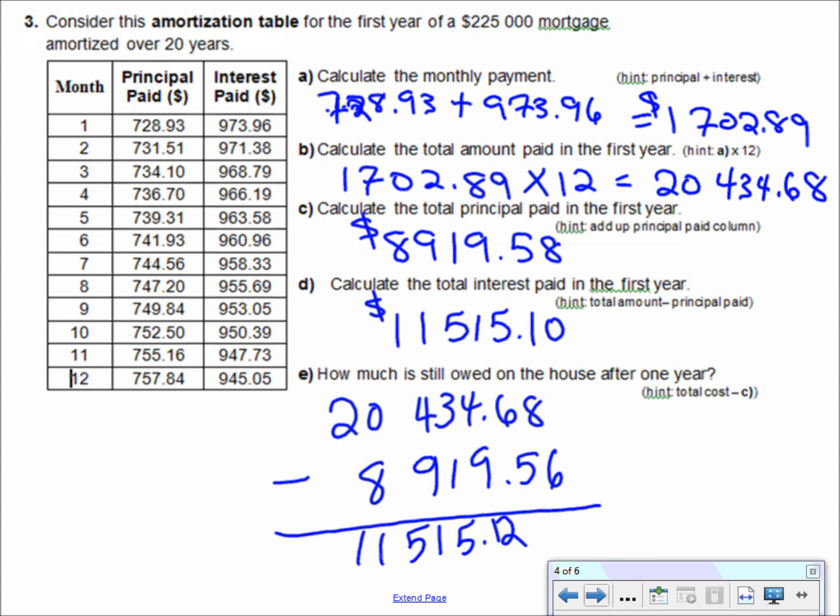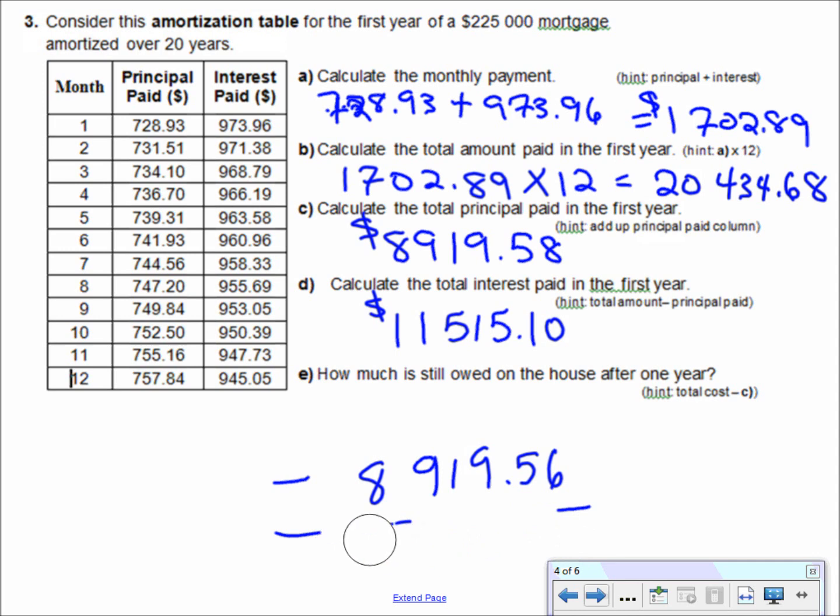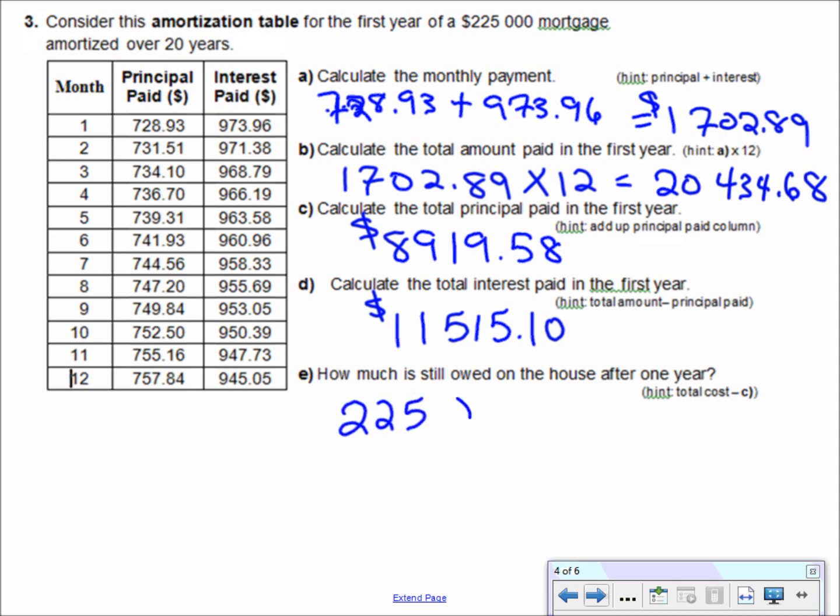What are we doing wrong here? Oh, sorry, total cost of the house. I wrote down the wrong number. I'm like, why am I just getting the same thing? Sorry guys, I wasn't paying attention. So the house price is $225,000. Subtract principal paid. I apologize.